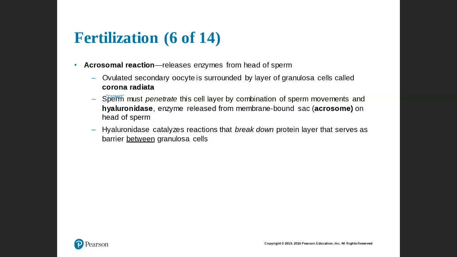If you look at the sperm, it looks kind of like this: the head, and then you have the nuclear material at the bottom, and the acrosome is at the superior end. Then the midpiece comes down with a lot of mitochondria, and then you have the flagellum, which is the whip or the tail.